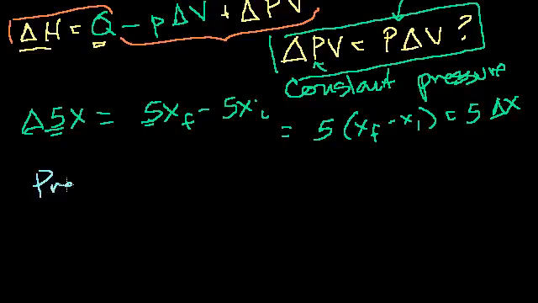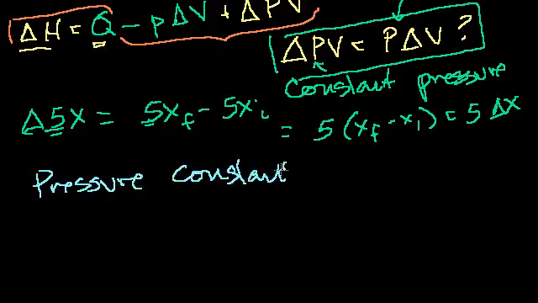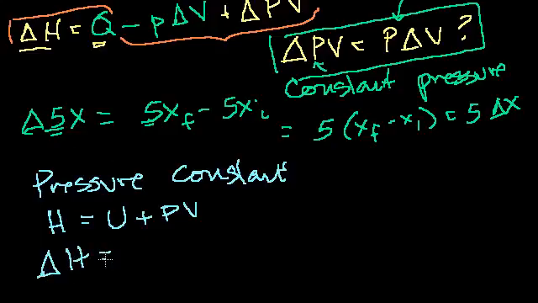If pressure is constant, then our definition, this enthalpy thing we made up, which we defined as internal energy plus pressure times volume, in a constant pressure system, our change in enthalpy, we just showed, will be equal to the heat added to the system. Because these two things become equivalent under constant pressure. So I should write that: this is only true when heat is added in a constant pressure system.